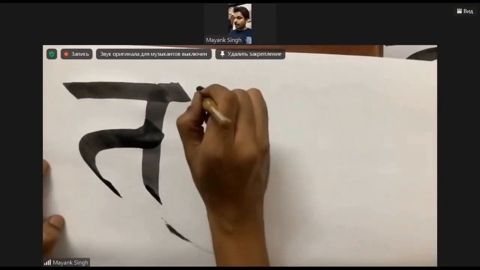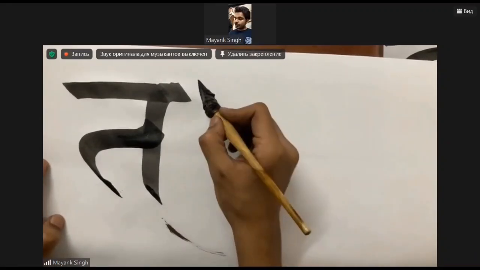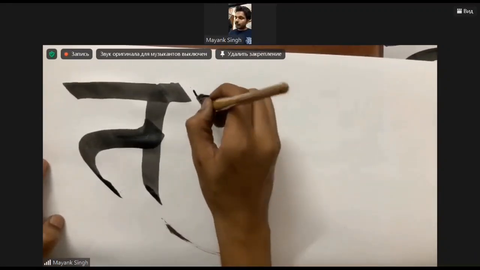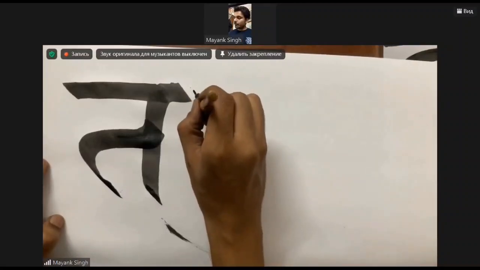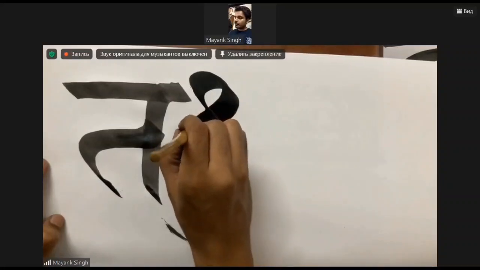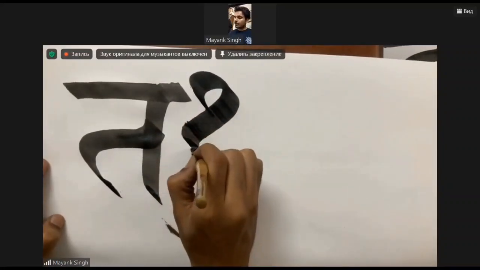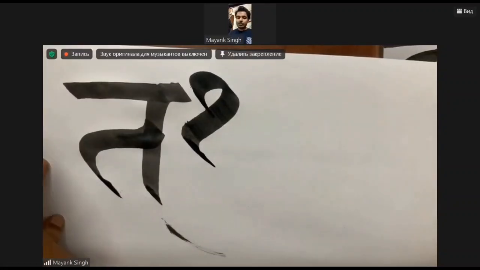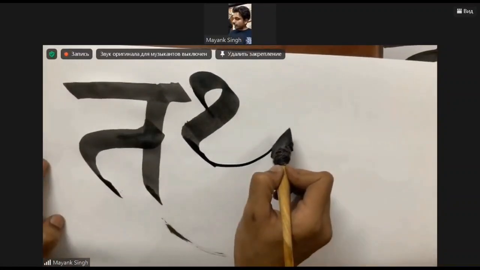For tha, you have to begin the stroke where the Shiro Rekha is. It's a taller alphabet than others. So from here, you make the shape of Sha, but half of it. Only half of the shape of Sha. And from here, you take it back.